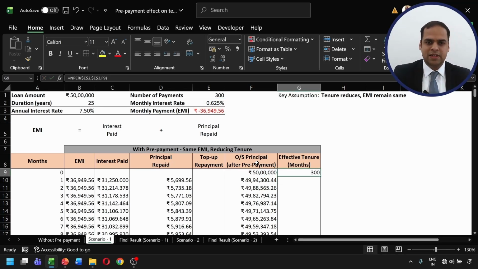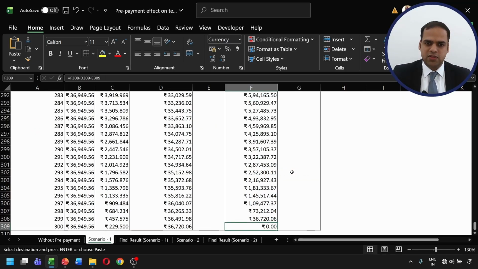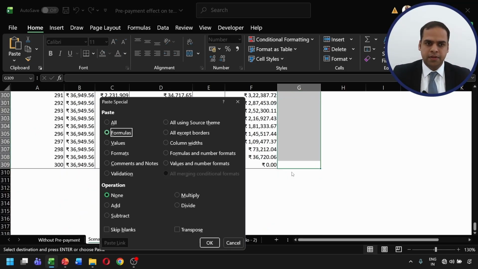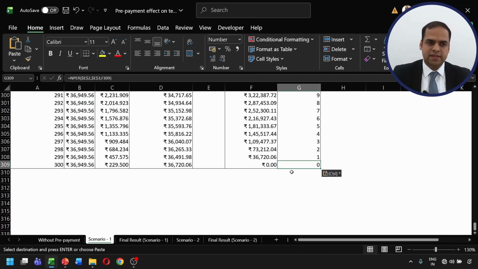So it tells that as we have taken a loan at month 0, we have to pay for the next 300 months. So if I drag this formula till the end, we can see that at the 300th month our effective tenure is 0 because we have fully paid our loan.